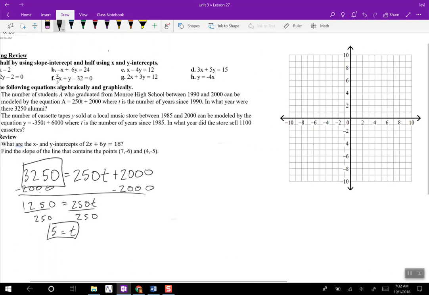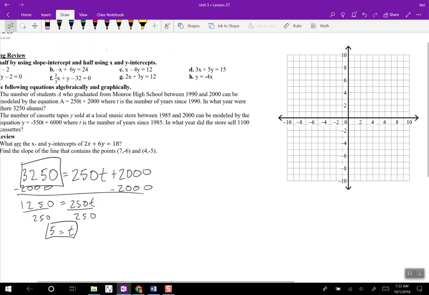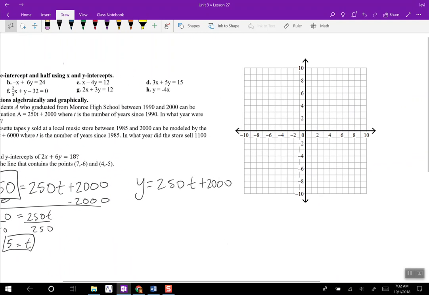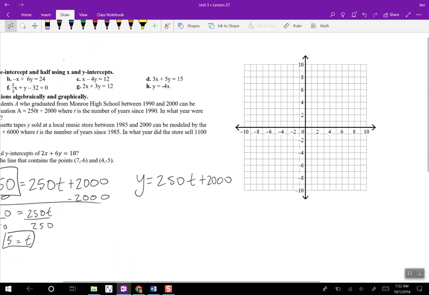And then graphically, we'd want to graph y equals 250t plus 2,000. So we can say that each one of these is 1,000, so we're up at 2,000, which would be right here.